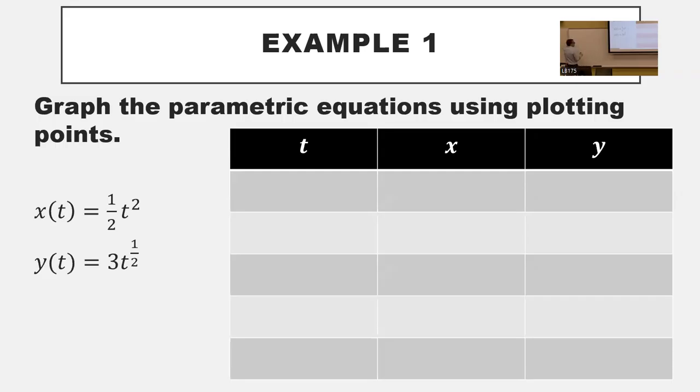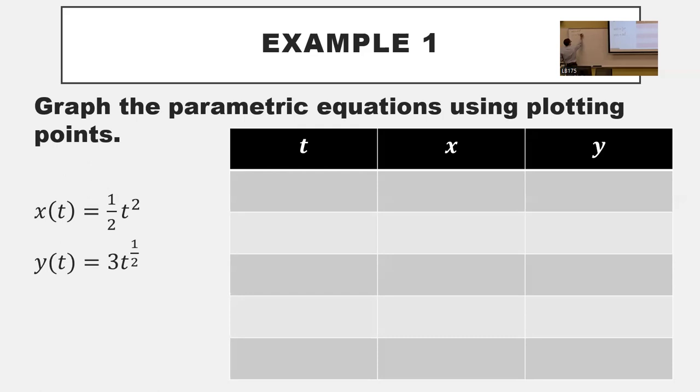I don't necessarily need to graph this right now, but I will fill out the table. Let's say we have an x value, which I think of as the output of function, 1/2 t squared, and a y value that's 3 times t to the 1/2 power.